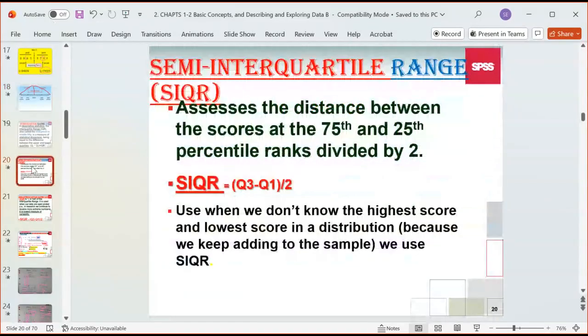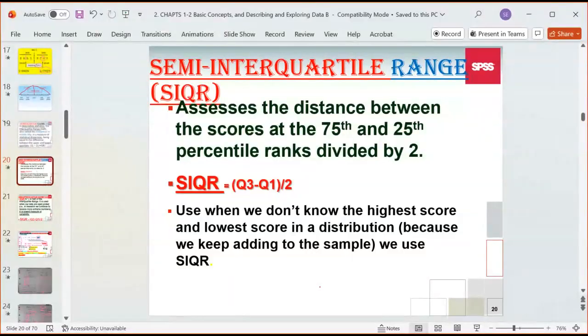And what is the semi-interquartile range? Very simple. Once you have your interquartile range, divide it by 2. Whatever it is, divided by 2, it gives you the semi-interquartile range.